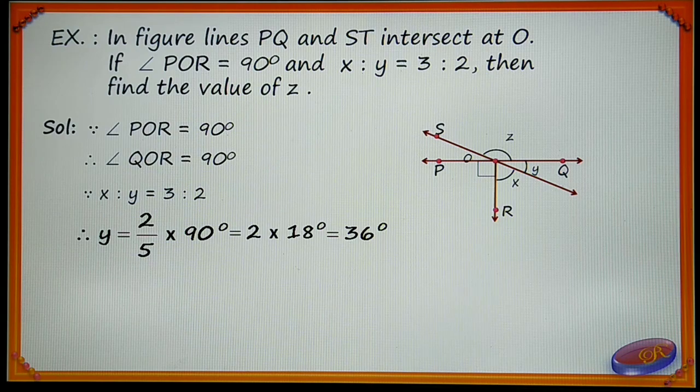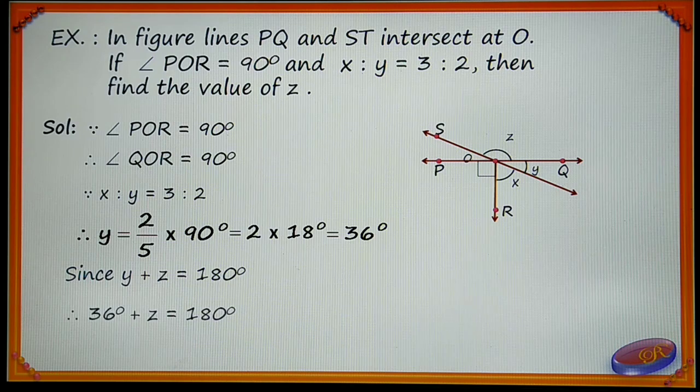Since y plus z is equal to 180 degrees, because they form a linear pair, therefore 36 degrees plus z is equal to 180 degrees. This implies z is equal to 180 degrees minus 36 degrees is equal to 144 degrees.